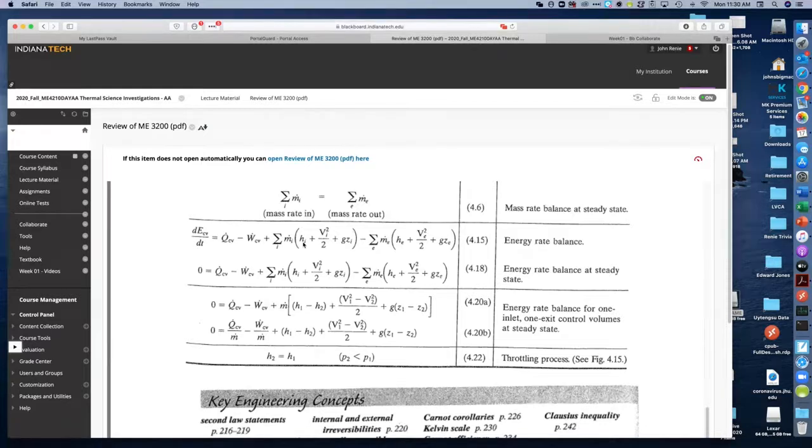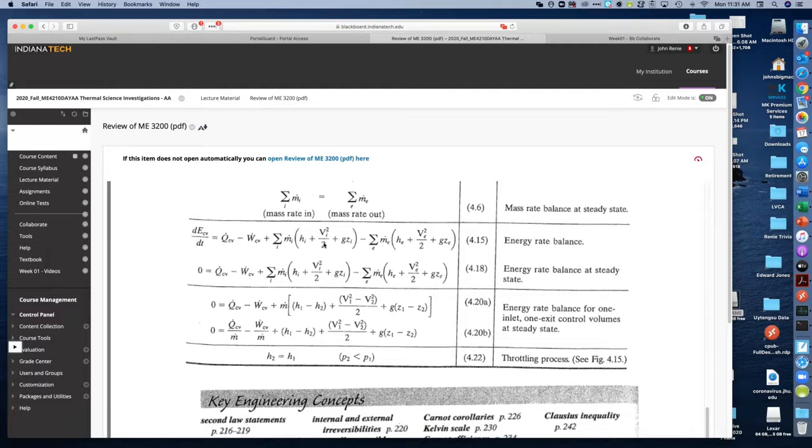Recall that enthalpy was just internal energy plus PV, which is a flow work term. And so think of this enthalpy as just the energy possessed by the flow as it's moving in. And that flow also has a kinetic energy and a potential energy associated with it. So the energy that's actually passing into the system is given by this expression.